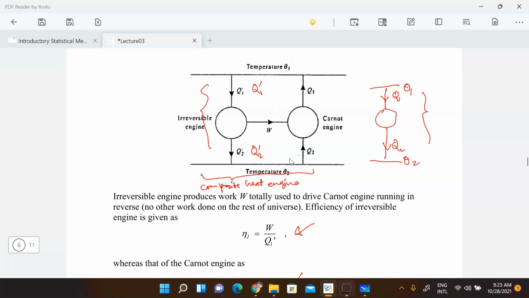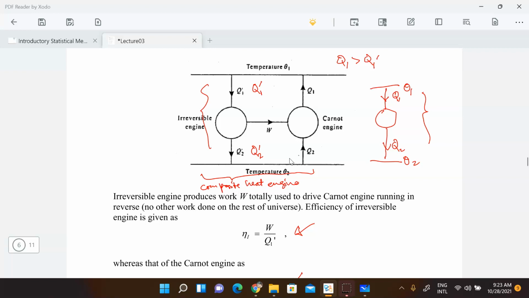So now in this particular system, we take Q1 dash from the hotter body, dump Q2 dash, and then this process will now dump back Q1 into the hotter body, but Q1 is bigger than Q1 dash.